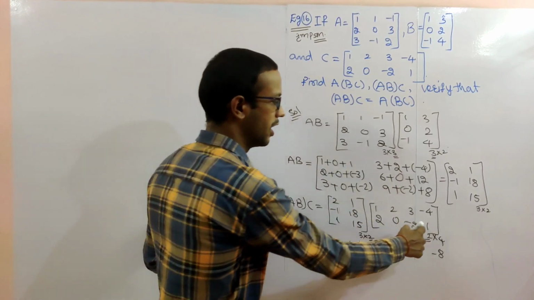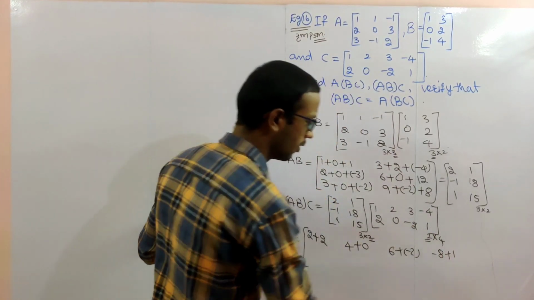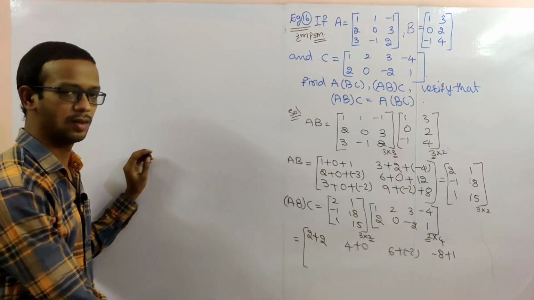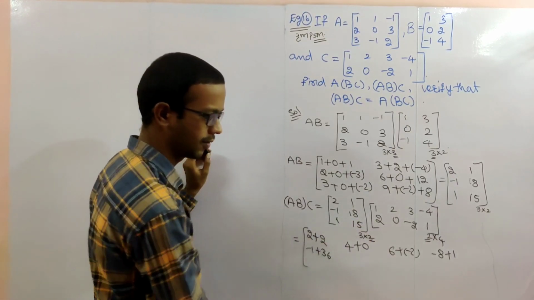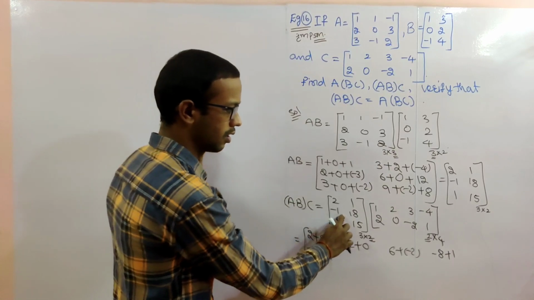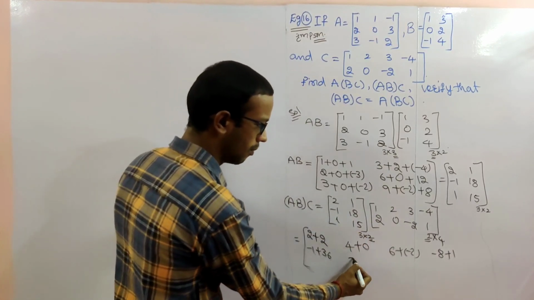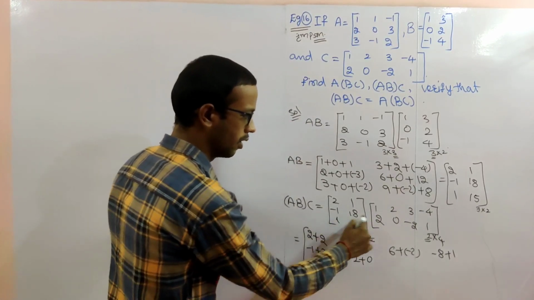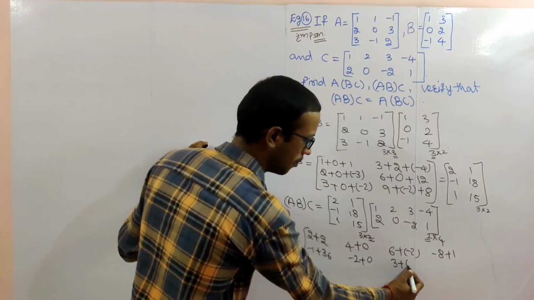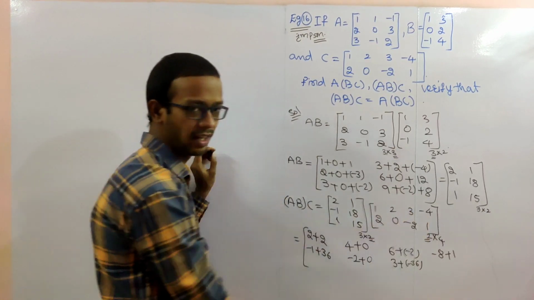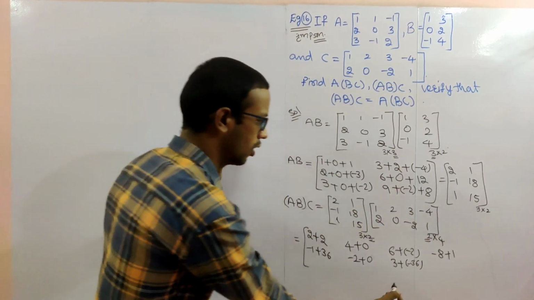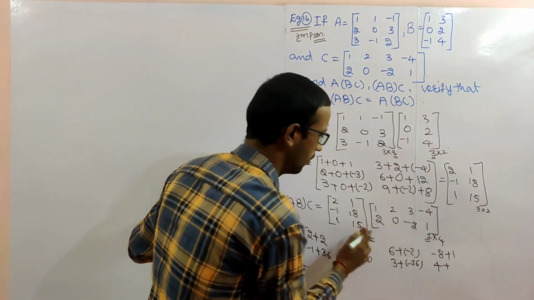Next, 1 into 1 is 1. Next simplification, in a similar way, here minus 1 plus 36. Second row, second column: minus 2 plus 0, minus 3 plus minus 36. Next, minus into minus is plus 4, plus 18.